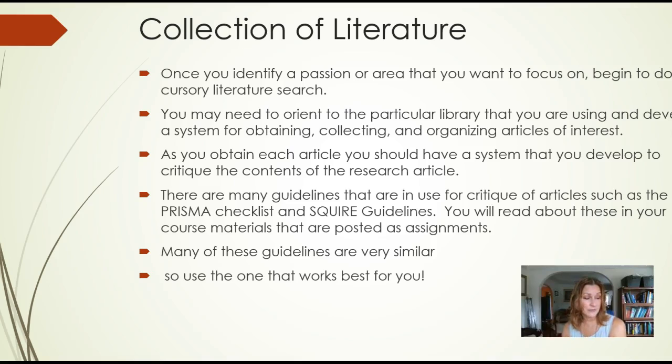I have one in front of me right now, and the kinds of things that are looked at are the title, the abstract, the introduction, methods that are used, which is broken down into numerous subsections, the results that the authors found, their discussion, and also disclosing any funding that they received, because that could cause bias in their results.